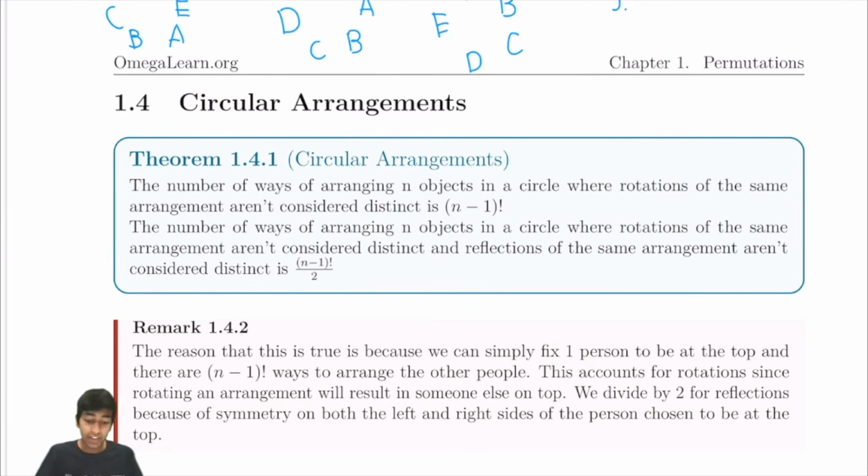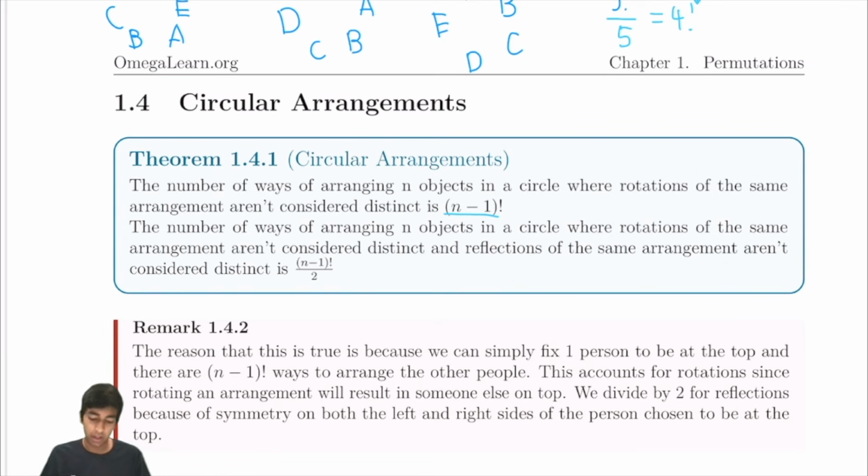And 5 factorial would be counting these arrangements as all different, even though they're the same, rotated. So what we have to do is divide by 5, because there's 5 different ways that we can rotate the 5 people in the circle. And that's where we get this n minus 1 factorial term. In this case, it was 4 factorial, but if we have n objects or people or whatever else, n minus 1 factorial.